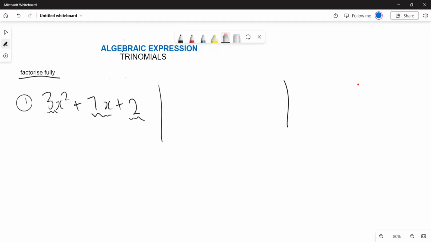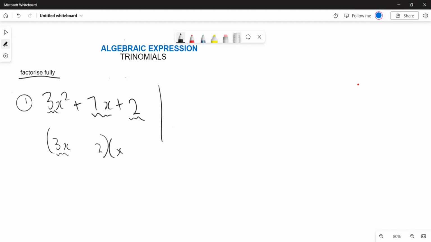So let's see what we can do. You are going to open your brackets. This is going to be your 3x, and the other one is going to be x. Now look, if you write the 2 here, can you see that the 2 won't be in a position to be multiplied by the 3?